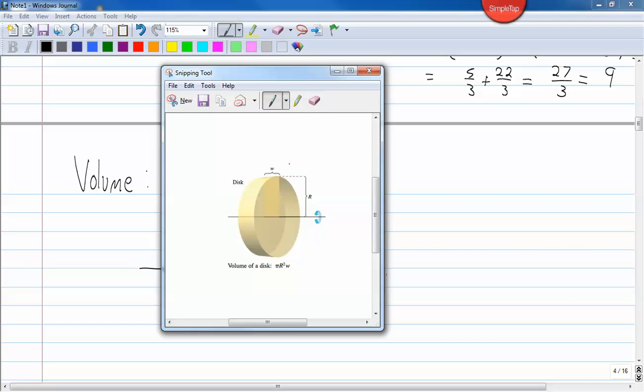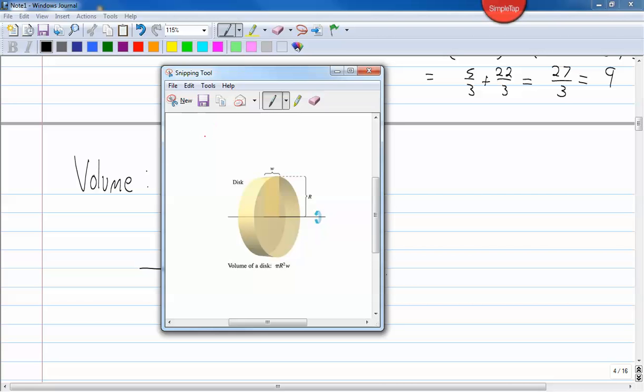With the rectangles, we let delta x get smaller and smaller, and we sum up an infinite number of these. Well, what if we let the width get smaller and smaller, and we sum up an infinite number of these disks? Then we can find the volume.